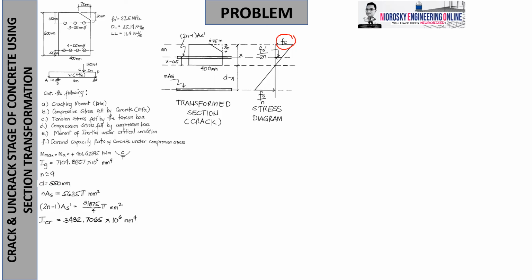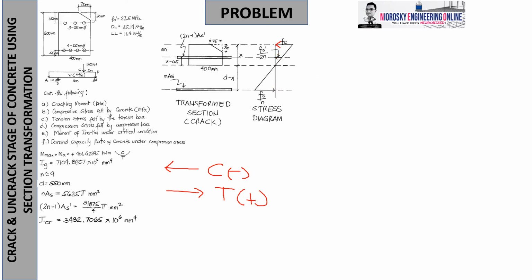While for fs, it is over n, because in reality it is really large. By the way, sign convention: compression goes to the left, or negative, and tension goes to the right, positive. That is why the top is compression, so you will notice my arrowhead is going to the left because of compression, while tension has the arrowhead going to the right. Okay?